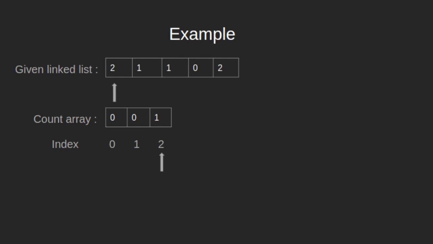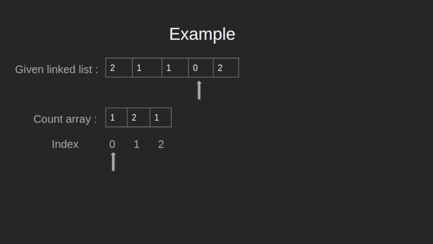After traversing the second node, count of 1 will be incremented by 1, so the value of count 1 becomes 1. After traversing the third node, count of 1 will be incremented by 1, so the value of count 1 becomes 2. After traversing the fourth node, count of 0 will be incremented by 1, so the value of count 0 becomes 1.